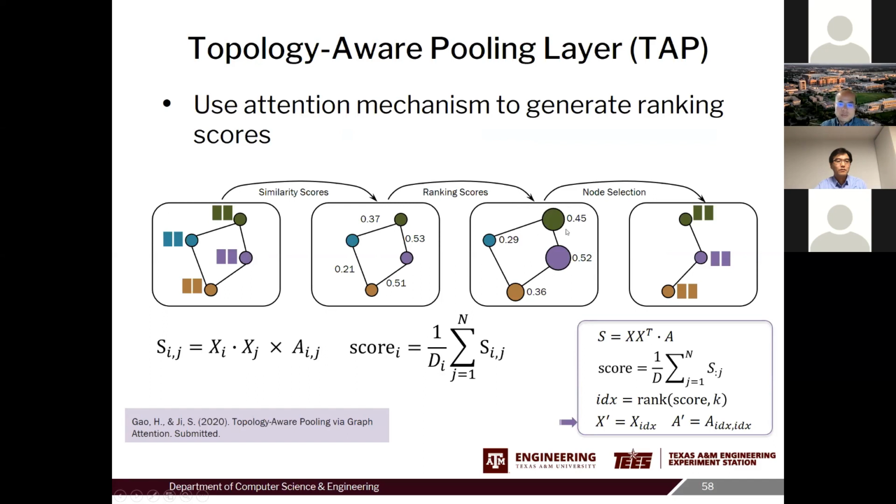For example, the ranking score for this node is the average of these 2 numbers, and similarly, the ranking score for this node is the average of these 2 numbers. Once you compute the ranking scores, you again do node selection based on them. So this is our recent work on topology-aware pooling.